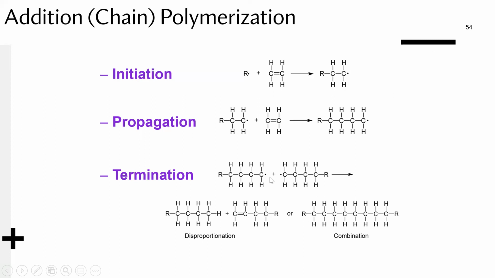So there is a chance that this propagation reaction can go on, and there is also a statistical chance that this radical can hit another radical and basically terminate the cascade of reactions. So that is when combination happens and you've got a polymer chain that's ready to go.